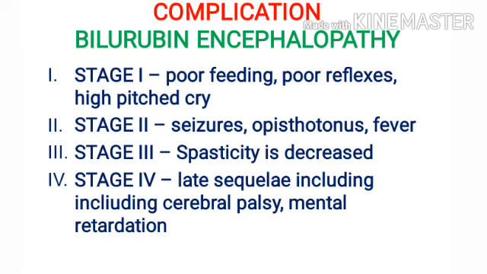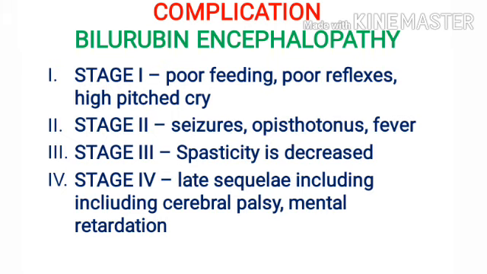So identify the signs and symptoms of bilirubin encephalopathy in 4 stages, and if it is not controlled properly, that will result in sequelae complications like cerebral palsy and mental retardation.